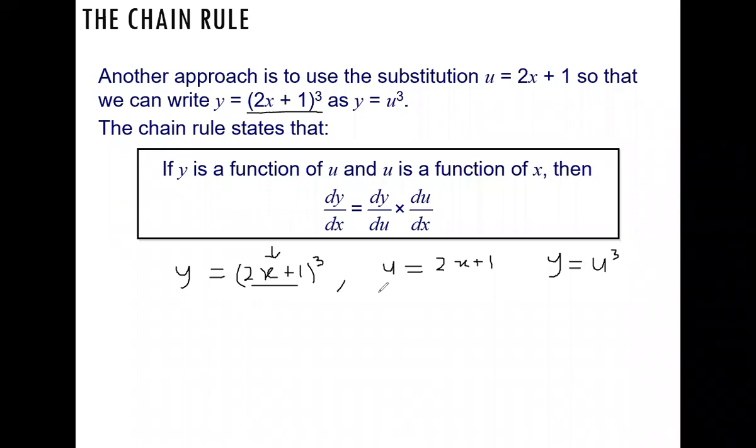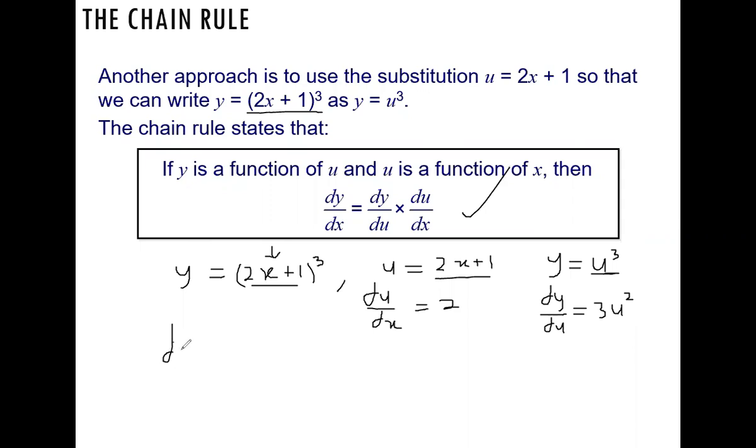You understand? Then let's differentiate u with respect to x. So du/dx will give us 2. Then let's differentiate y with respect to u. Y is a function of u, not x, so we differentiate with respect to u. We'll get 3u raised to the power 2. Then just apply the principle for differentiation.